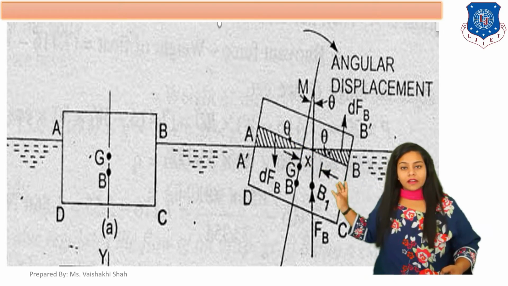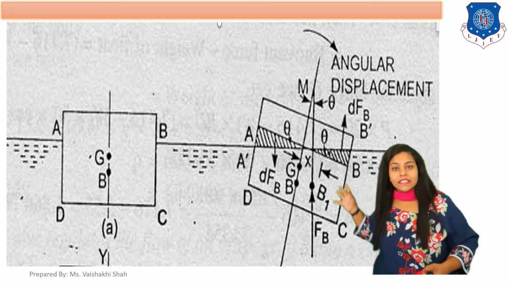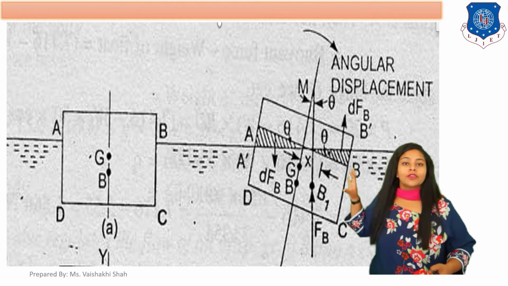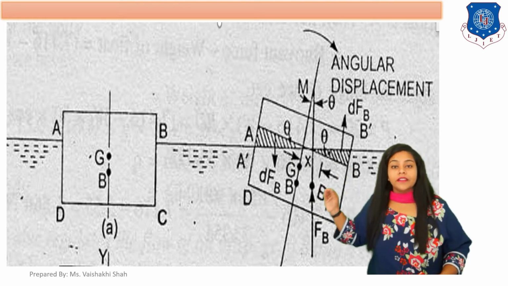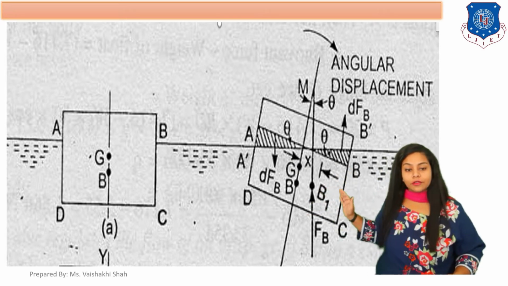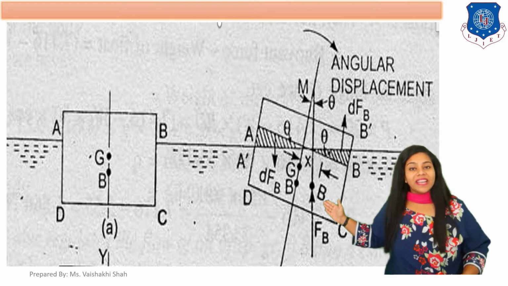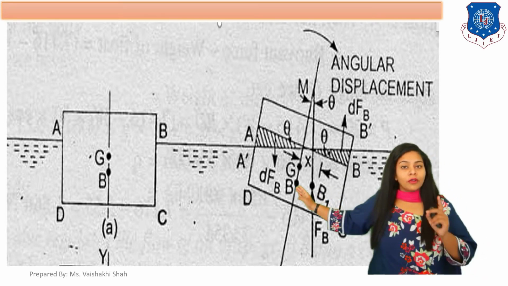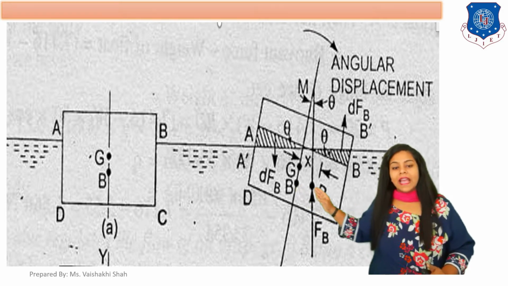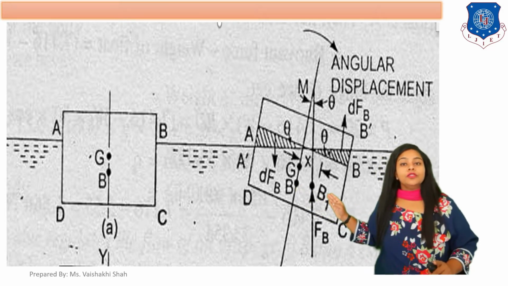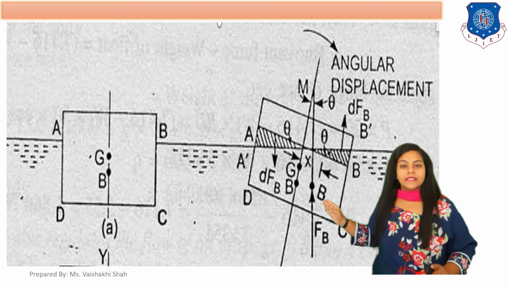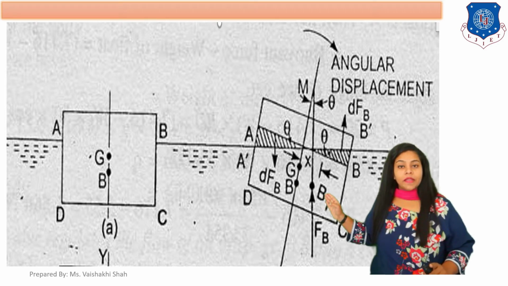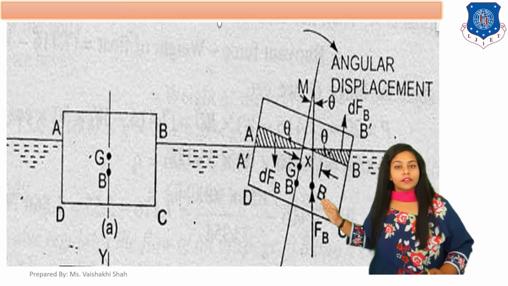So the water displaced in this part increases. That is why the center of buoyancy shifts to this side, and the point is indicated as B1. Here B was your old center of buoyancy and B1 is the new center of buoyancy. Clear?